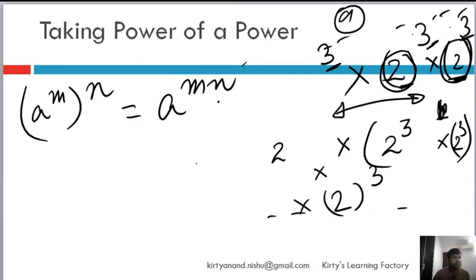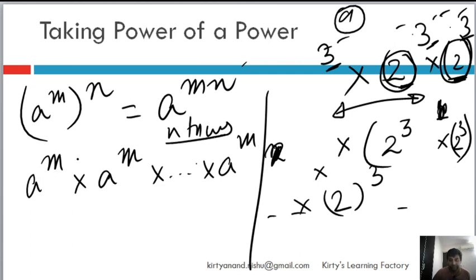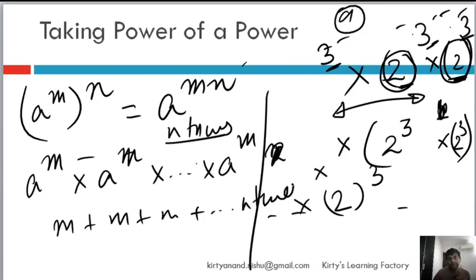We take a multiplication. Why? Because this is nothing but a raised to the power m into a raised to the power m into a raised to the power m, n times. So I can add m plus m, n times, which I can write as n into m.